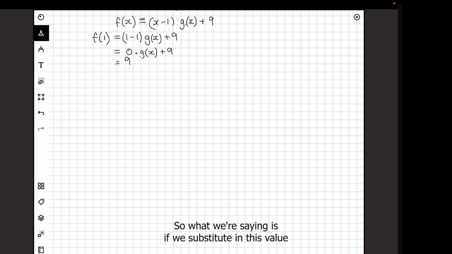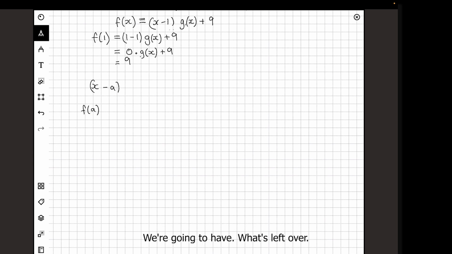Okay, so what we're saying is, if we substitute in this value, do you remember from the factor theorem we had x minus a? If we substitute f of a into here, we're going to have what's left over. If it's 0, obviously, if f of a equals 0, then we know that x minus a is a factor.